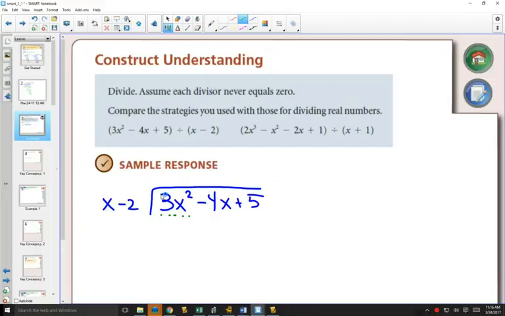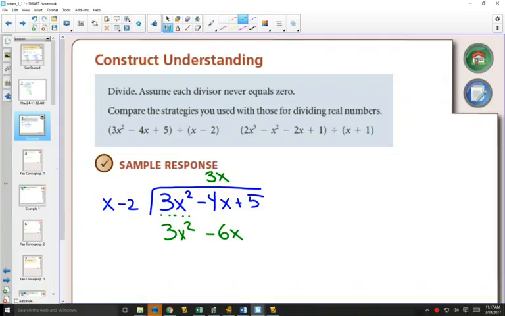You'd have to multiply by a 3x. So we'll write 3x above your x column, the same way that we were managing our units columns with numbers. We're going to manage our algebra columns by like terms. If you multiplied 3x times x minus 2, you would get 3x squared, and 3x times negative 2 is negative 6x.